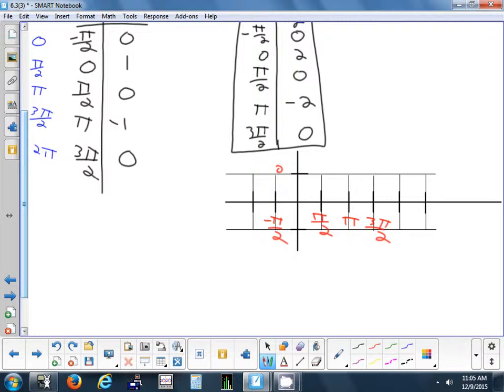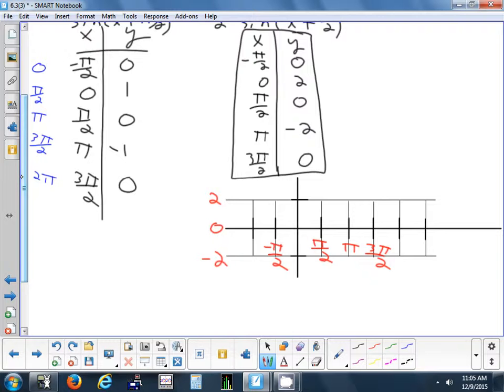Actually, I'll label it like this: 2, 0, negative 2. Now just make your graph. We're at 0, and then we're up at 2, back to 0, negative 2, back to 0. Just connect your points.